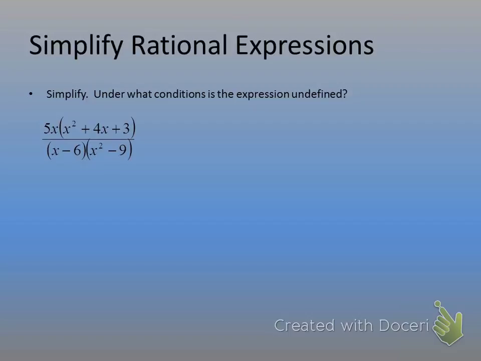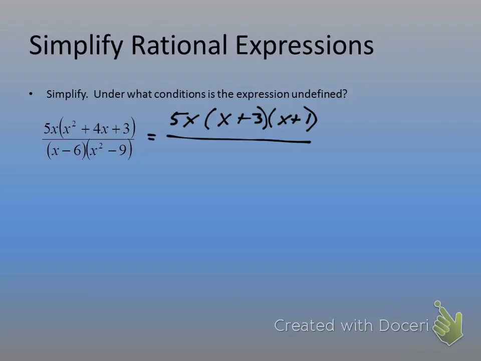Under what conditions is the expression undefined? So we have 5x times the quantity x squared plus 4x plus 3, all over x minus 6 times x squared minus 9. Your first step to simplify is to factor everything. So we're going to factor the numerator: 5x we're left with, and then x squared plus 4x plus 3 factors into x plus 3 and x plus 1, from chapter 4 on how to factor that.